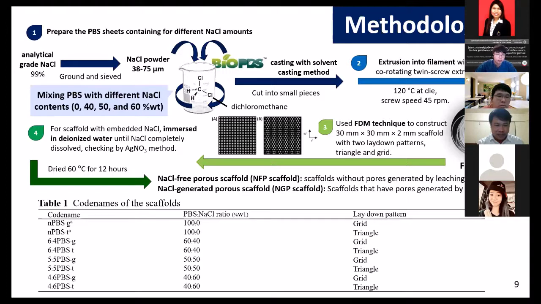This was checked by dropping a few drops of silver nitrate solution into the deionized water, and no trace of white silver chloride precipitate was detected. And in table 1, we list the code names of the scaffolds studied in this research with different amounts of sodium chloride and different raster patterns.